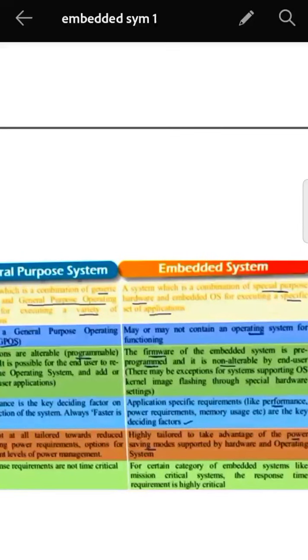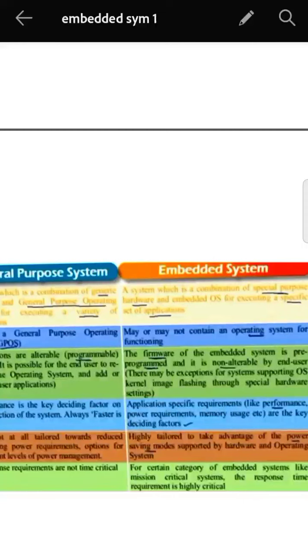Next difference is that the general purpose system is less or not at all tailored towards reduced operating power requirements, though it has options for different levels of power management. But the embedded system is highly tailored to take advantage of the power saving modes supported by the hardware and the operating system.